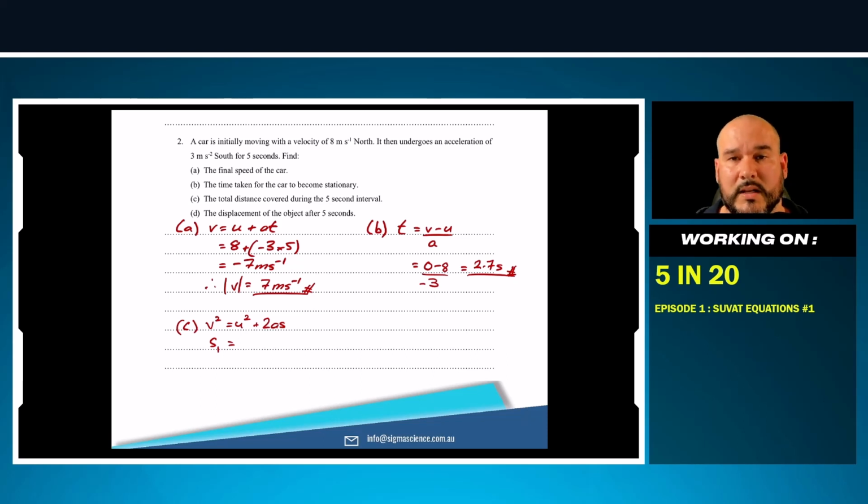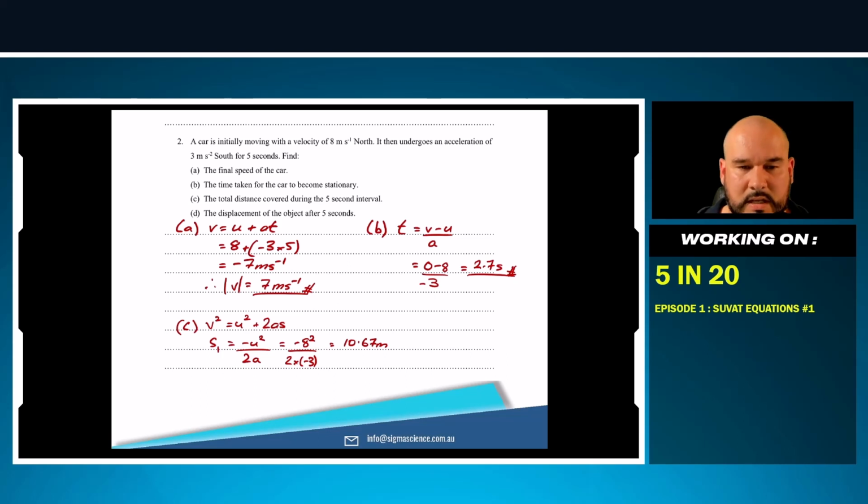I want to solve for my distance covered in this first leg, so I want to solve for s, given that v squared is going to be equal to 0. So therefore, my first leg is just going to be -u squared over 2a, which is -8 squared divided by twice my acceleration of -3, which gives me a displacement for that first leg of 10.67 meters. So 10.67 meters is the displacement or the distance covered in the first leg.